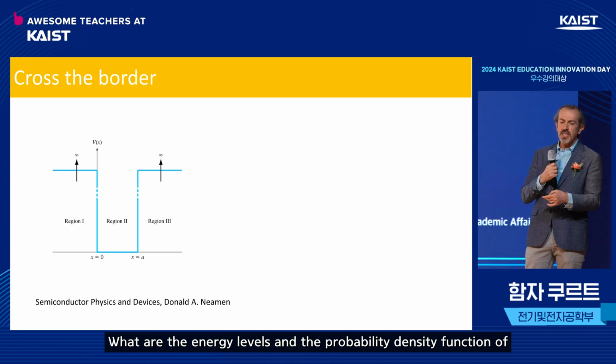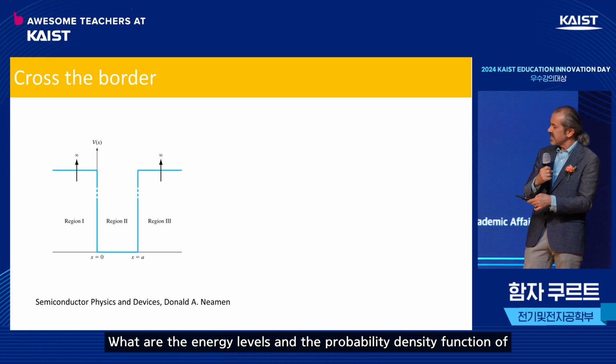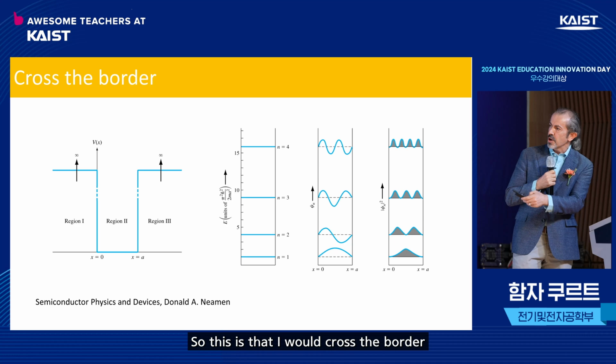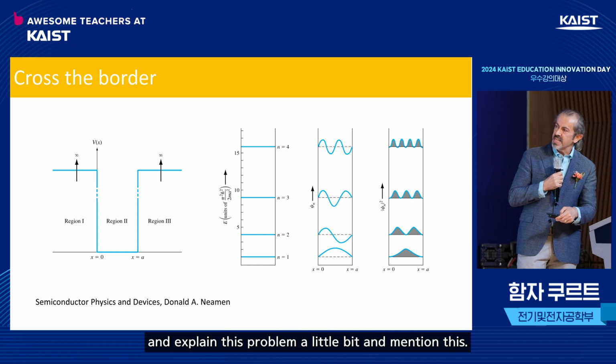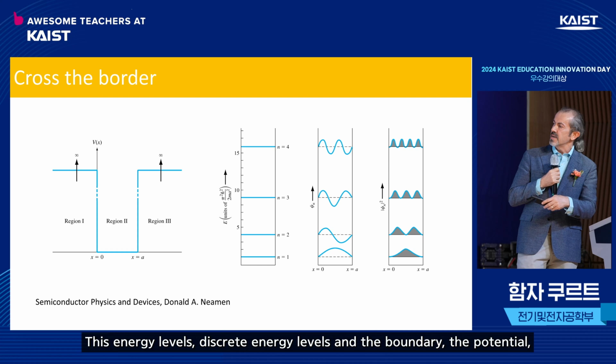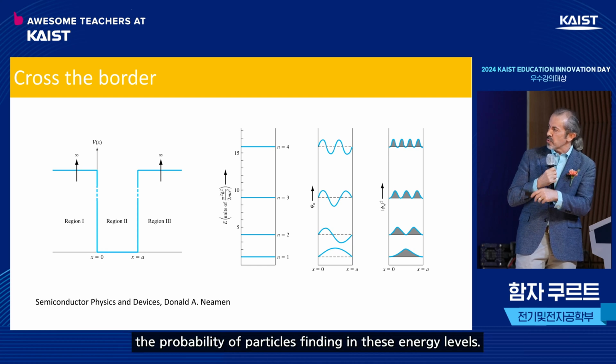What are the energy levels and the probability density function? I cross the border and explain this problem a little bit and mention the discrete energy levels, the boundary, and the probability of finding a particle in these energy levels.